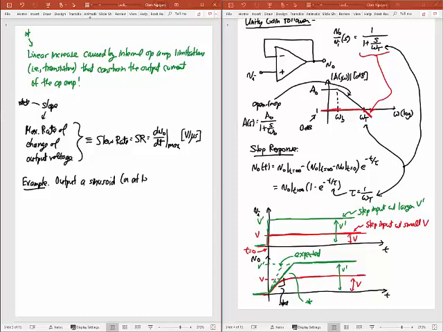Or at least we're trying to. Okay, so if I draw a sinusoid, so there's time, there's my output, here's my sinusoid.